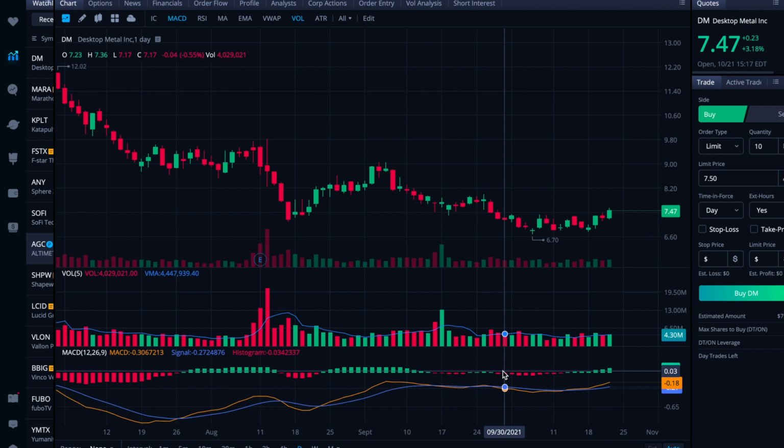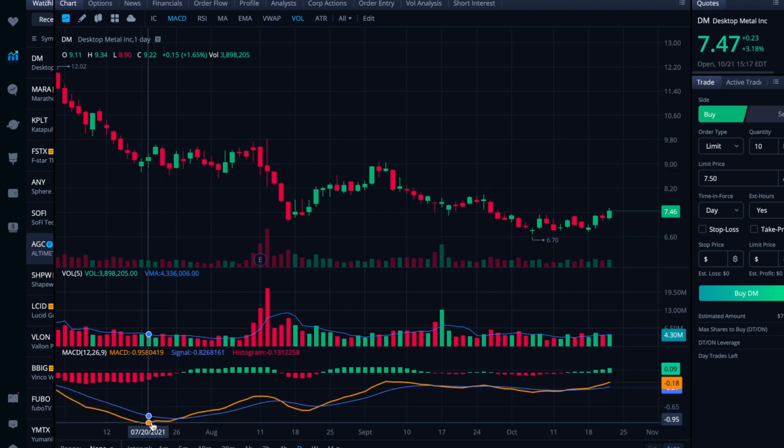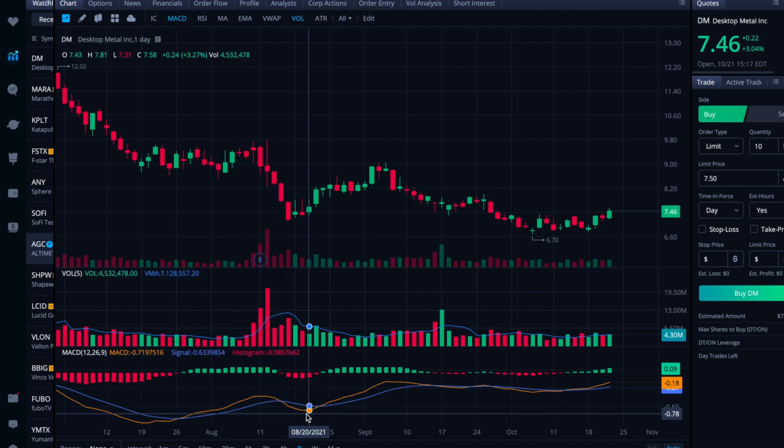And I think the thing to kind of note here, though, is that there's this low here, even when the price was way up here, that has consistently held at swing lows on the MACD. I know we talk about swing lows for price action, but the swing lows here on the MACD have continued to swing higher.